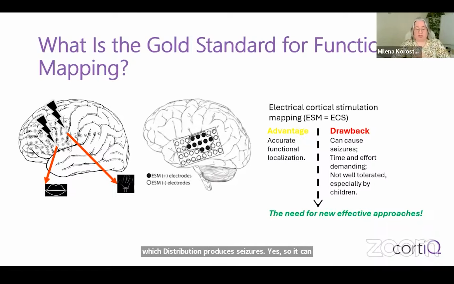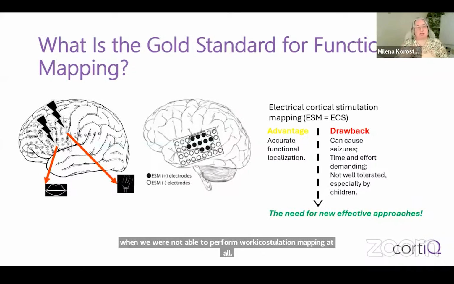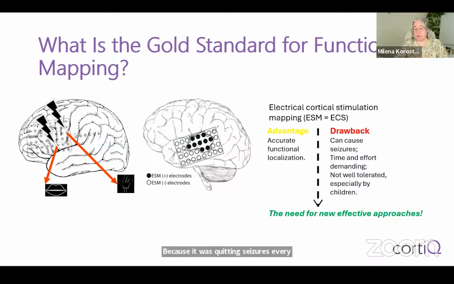I wouldn't say many cases, but there were several cases when we were not able to perform cortical stimulation mapping at all because it was causing seizures every time we would try to work with the patients, even if the patient was already on anti-epileptic drug medication. And these cases need to be addressed in a certain way.